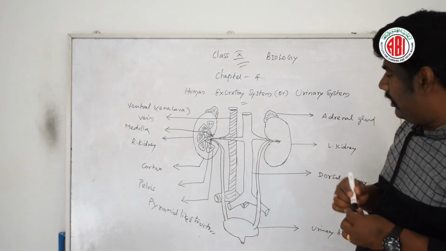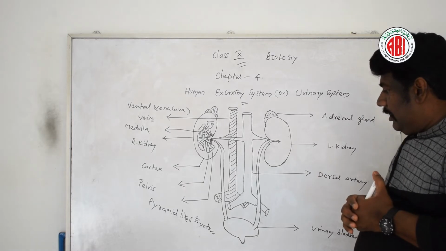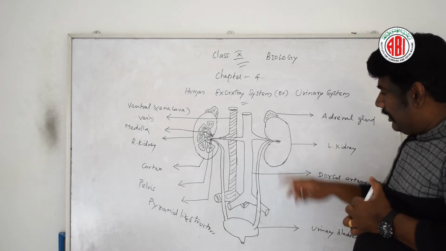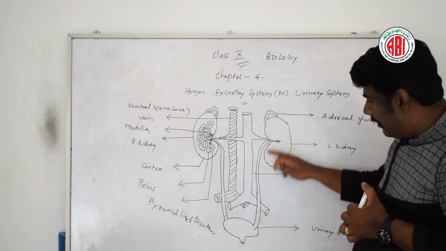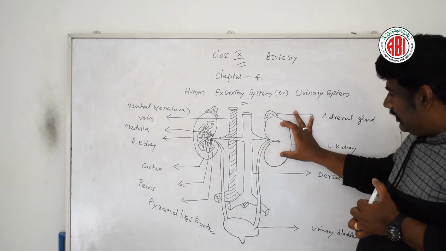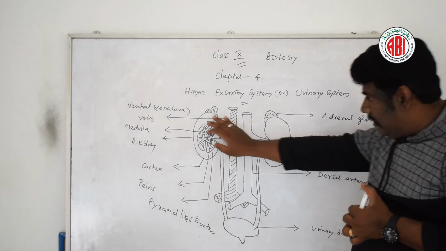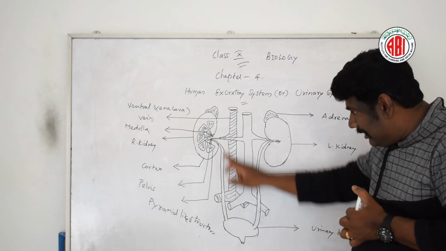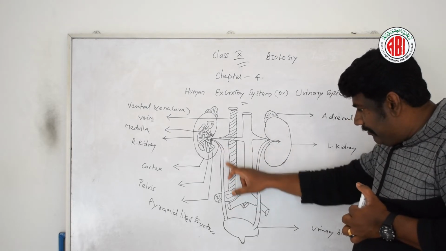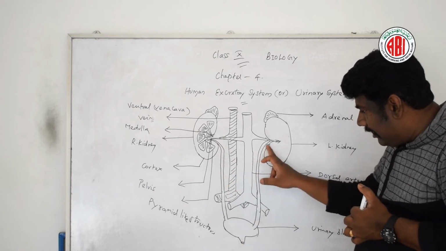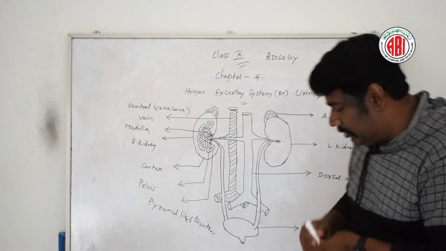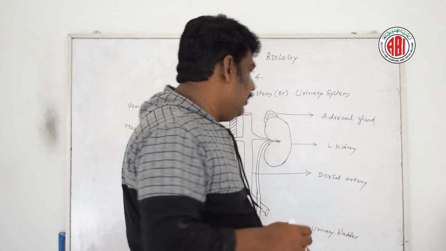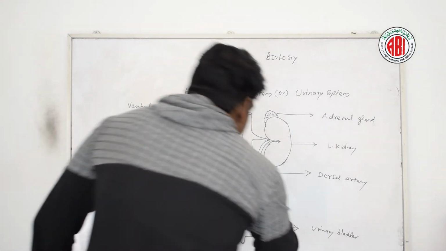And one most important part is the descending pipe on both sides. This is the kidney, and here also the kidney. From both kidneys we can see one descending pipe, which is the pipe going down. Here one pipe is going, and from here one pipe is going. This descending pipe is called the ureter.